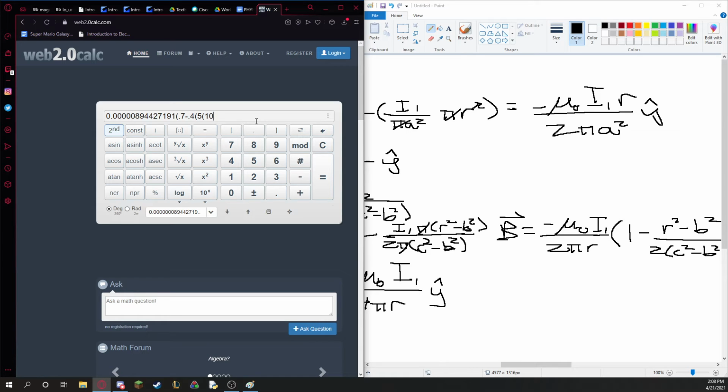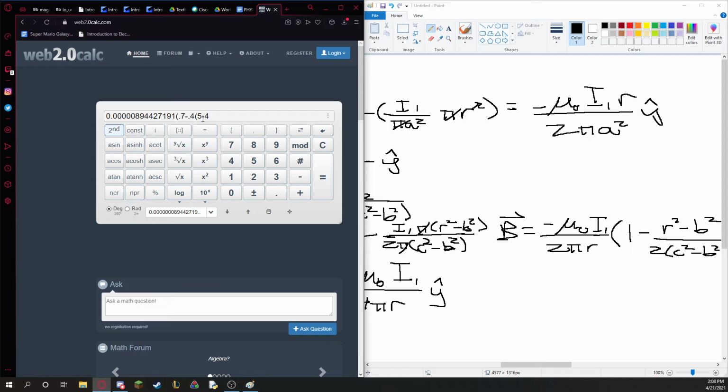Does it end up mattering because we have the ratios on the top and the bottom? It does not. So we have the r squared, square root of 5. So 5 minus b squared, which was, b was 2.